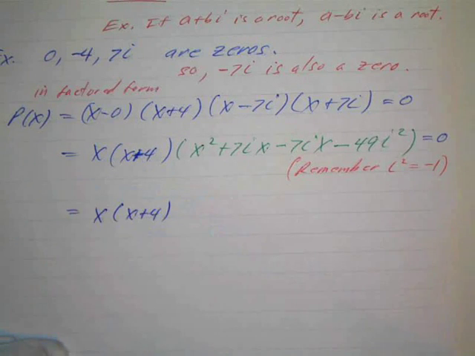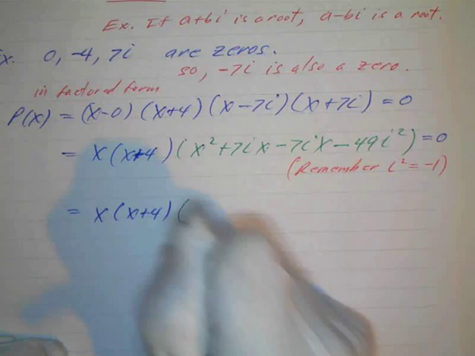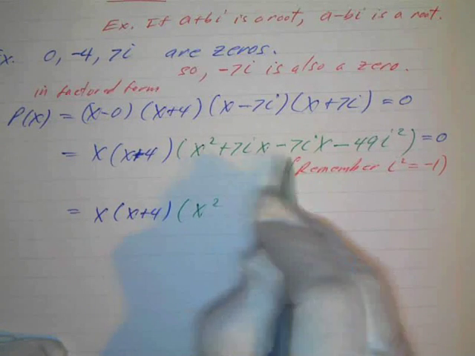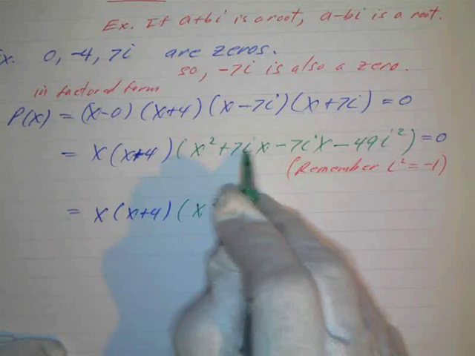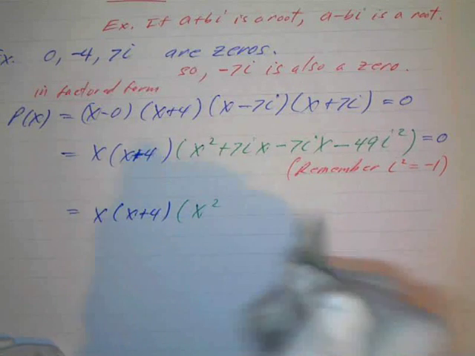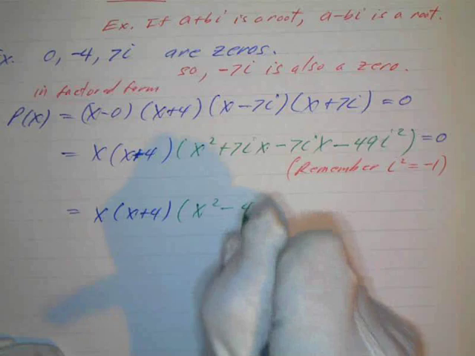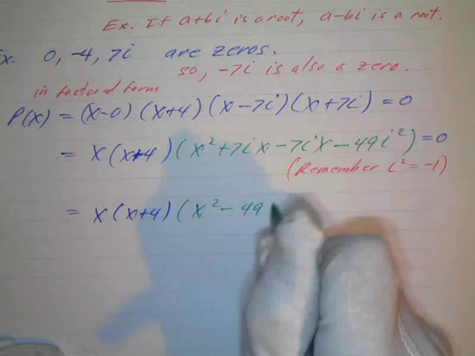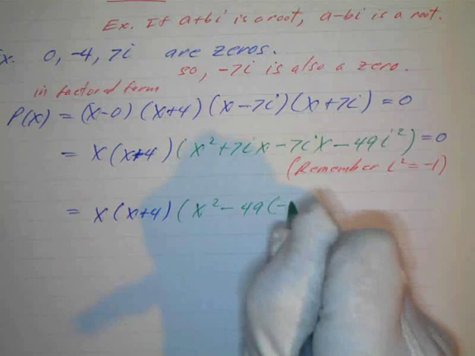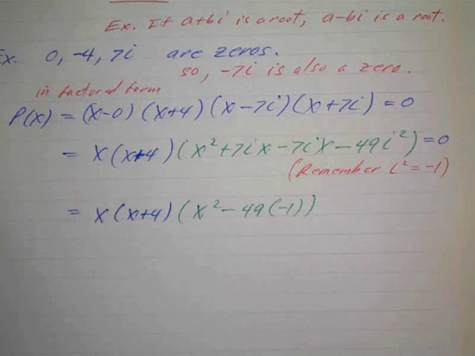And then let's simplify this part a little bit. So we've got x squared. And then what's positive 7ix minus 7ix? Well, these are exactly the same except for different signs, so that's going to be 0. And then I've got negative 49 times i squared, and remember i squared is -1. Sometimes you can take a shortcut on this one, but this time I'll just write this out.